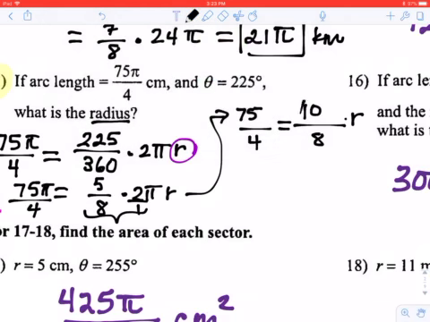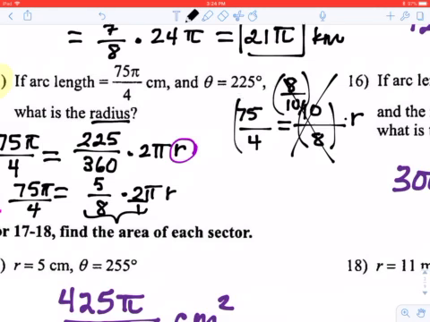To get rid of the 10 over 8, this fraction here, we multiply by the reciprocal. That's the easiest way I can explain it. If you want to take it step by step and multiply by 8 and then divide by 10, that's fine. But I'm going to multiply both sides by the reciprocal, which cancels that out. And then over here, I'm going to have 8 over 10.